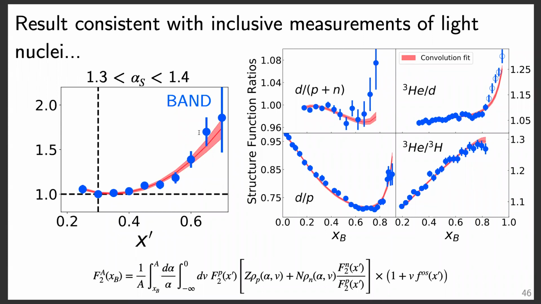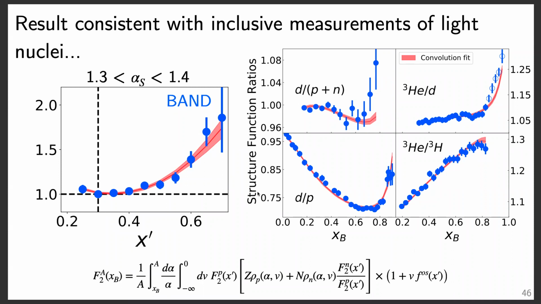And so what we did was, there was a grad student in our group at the time that had gotten quite talented at performing these kind of nuclear convolution fits to try to extract off-shell modification functions and extract neutron over proton, et cetera. What he did was he took the BAND result for one of the alpha bins, he added that into his fit that included other ratios of light nuclei.